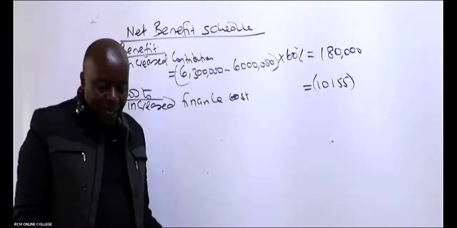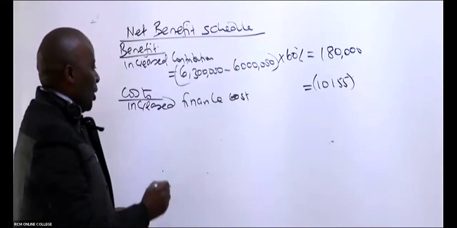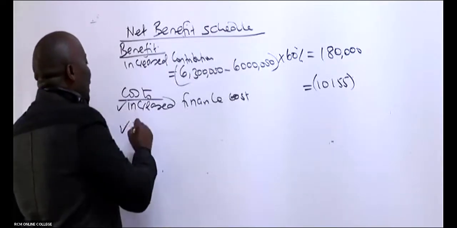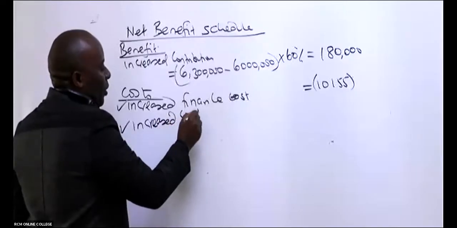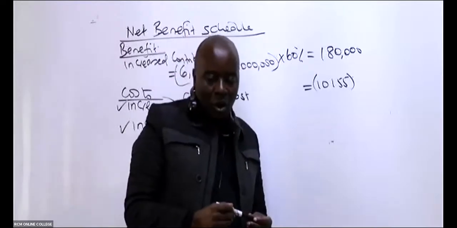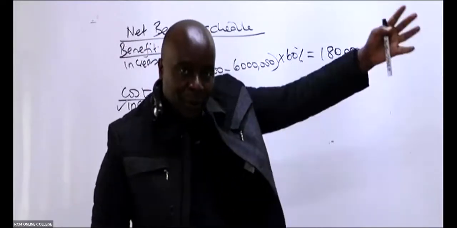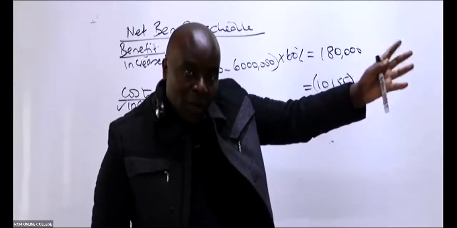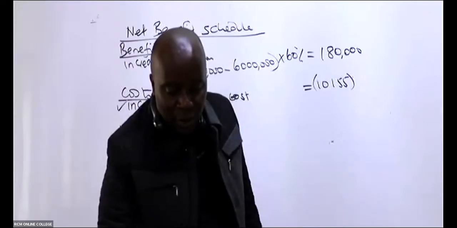And then, ladies and gentlemen, apart from that, we have another disadvantage. We have increased cost because we're going to produce more. There is an increase in the general cost. Because we're going to produce 6.3, there are expenses which will arise because of the volumes increasing.